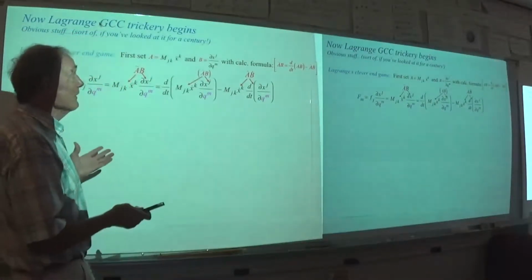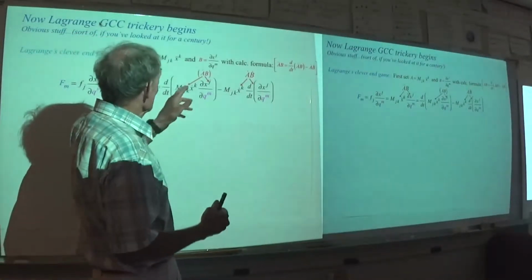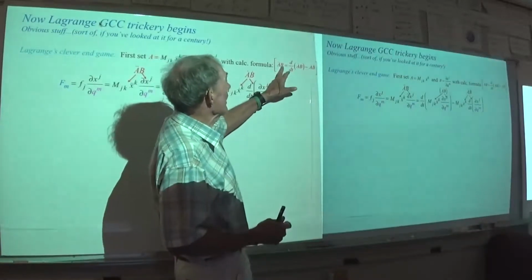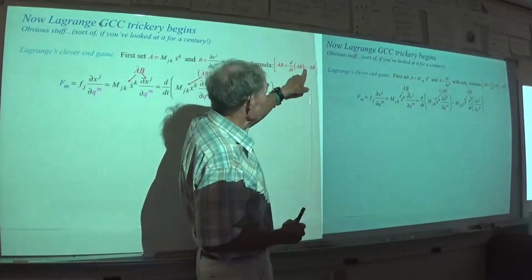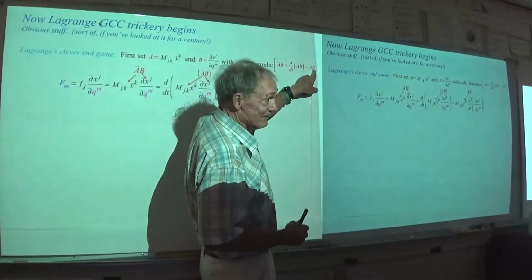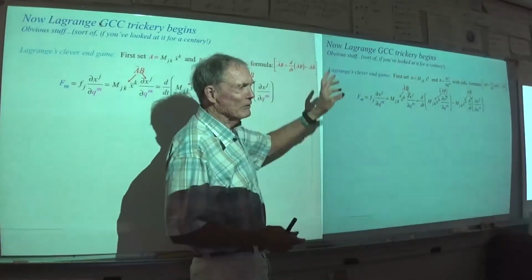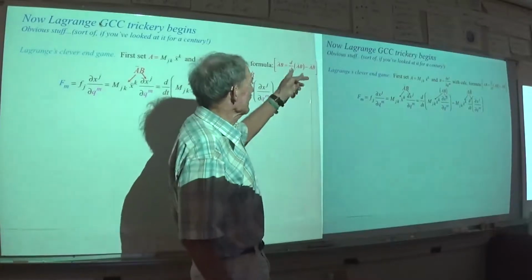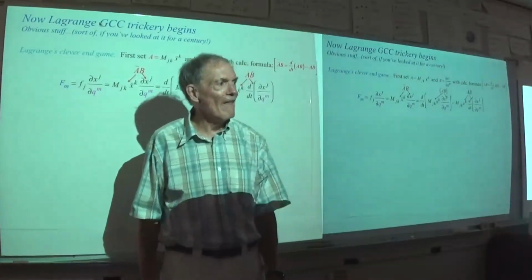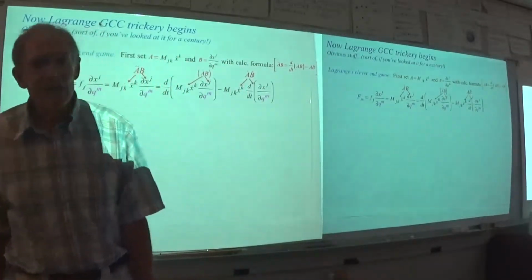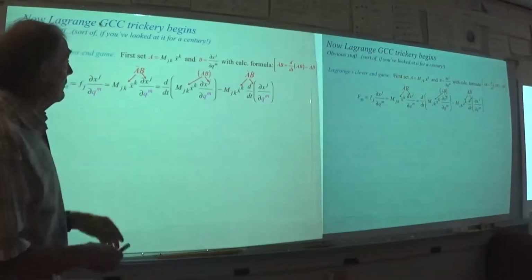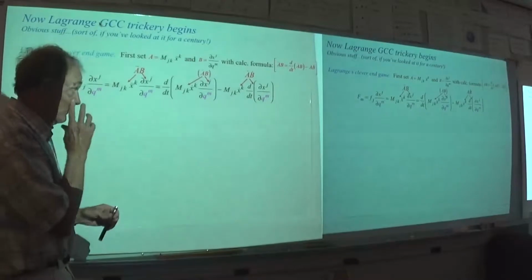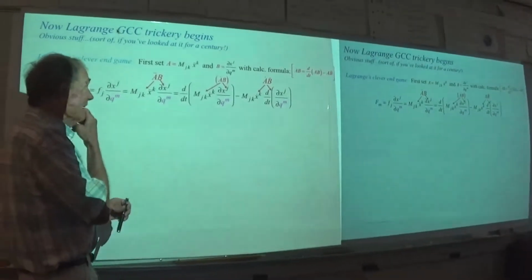The trickery here is just to use the differential relation a dot b dot is equal to the first derivative of a dot b minus a dot b dot. That's just the derivative of a product, right? Turned into a funny equation. That's the trick. That's it. Except you got to know what to do it with, and also have some idea why you would do that.